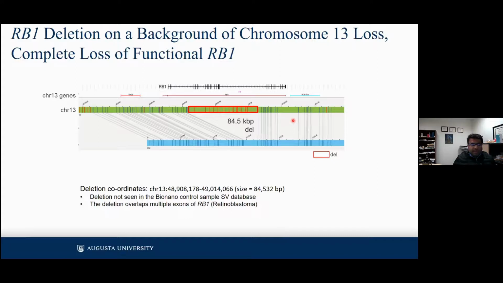Continuing on the same case, we also identified the RB1 deletion on the background of chromosome 13 loss, where there's a complete loss of function of the RB1 gene, and the deletion coordinates are very clearly identified along with the size.